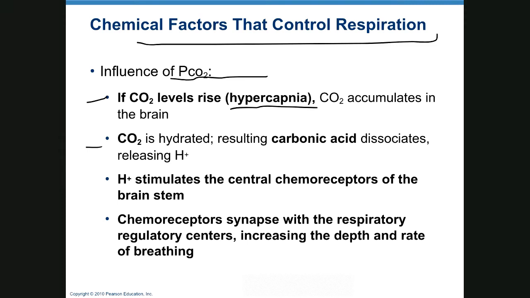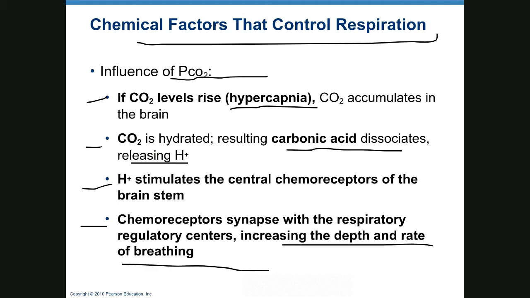CO2 is hydrated, releases carbonic acid, which then releases H+ ions, hydrogen ions, and that is essentially acidic. So we also have acid receptors, and chemoreceptors synapse with the respiratory regulatory centers, increasing depth and rate of breathing when one has too much acid or too much CO2.